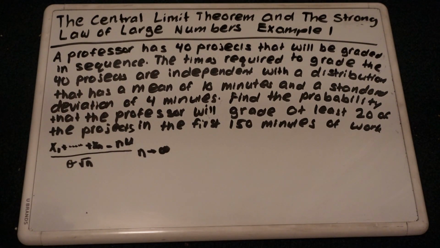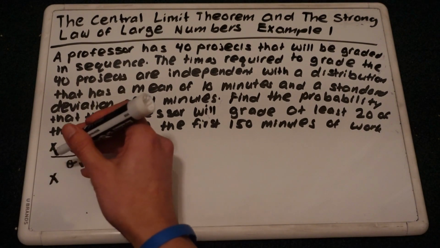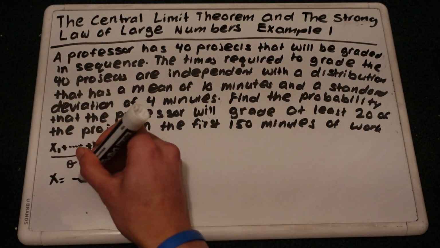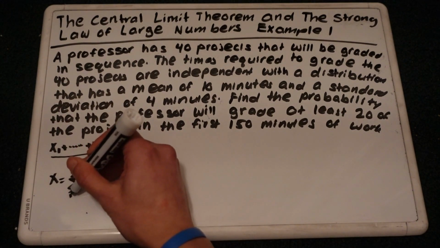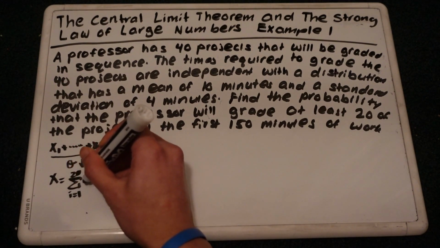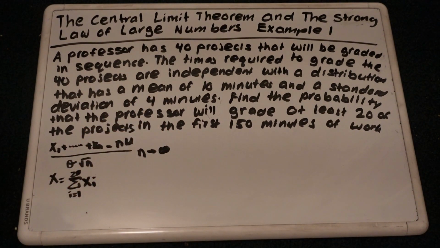So first, let Xi be the time it takes to grade the projects. So let me write down what's given. X is the sum from i equals 1, where Xi is the time to grade the first 20 exams.